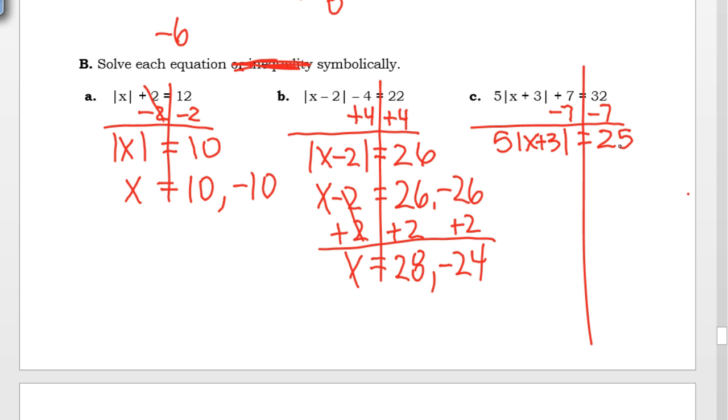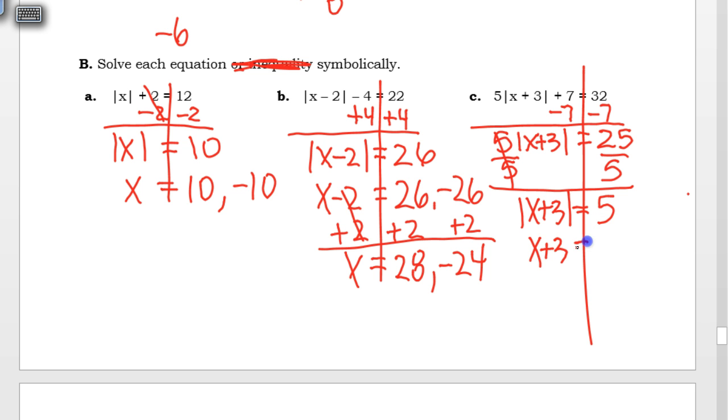I have a 5 times the absolute value of x plus 3, so I'm going to divide both sides by 5, and the absolute value of x plus 3 is 5. I'm going to get rid of my absolute value symbols by doing both the positive and the negative version of the answer. And then finally I'm going to undo that addition using subtraction, and x is 2 and negative 8.